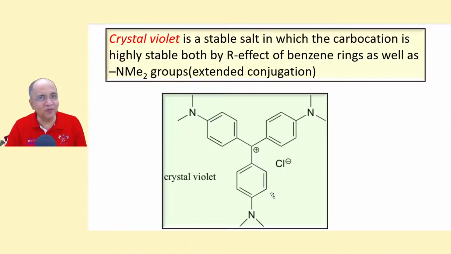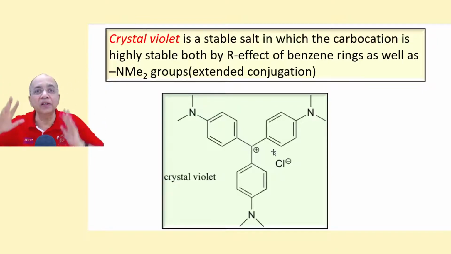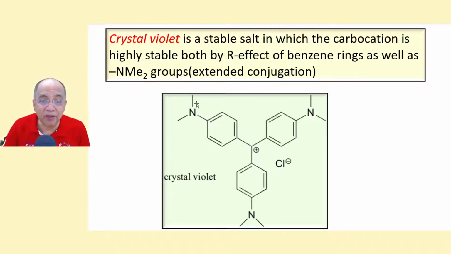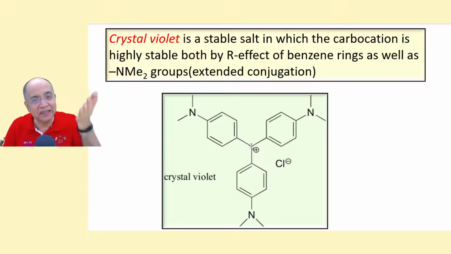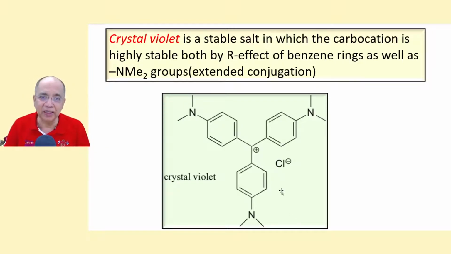Now, just for fun, I have given you a data where a carbocation can be kept alive for years together. It is available in the form of a stable salt called crystal violet, where a carbocation is there. It is not a reactive intermediate, it is a live carbocation.